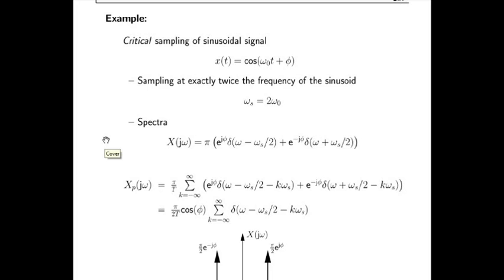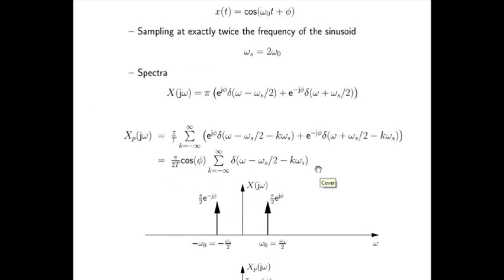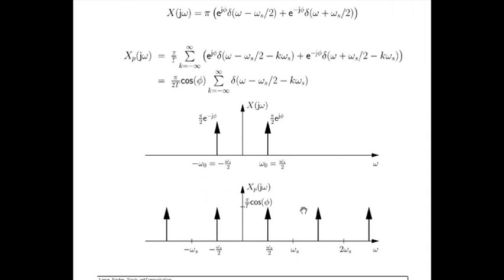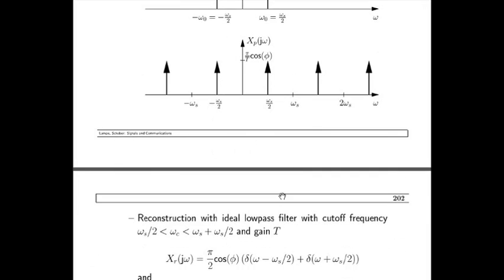When I multiply the signal, or convolve X of j omega with the periodic impulse stream, I'll get the sampled signal with an expression like this, and the plot will look like this. This is the plot of the original signal and this is the plot of our sampled signal.